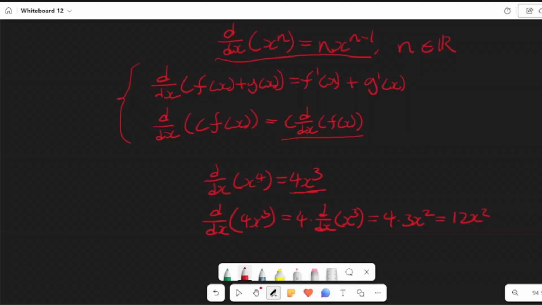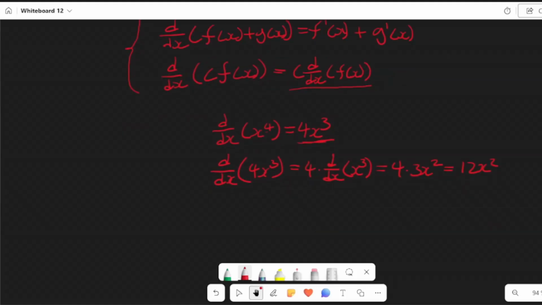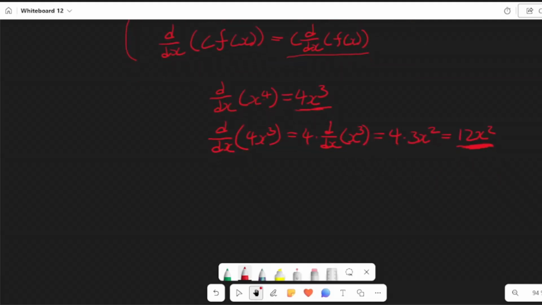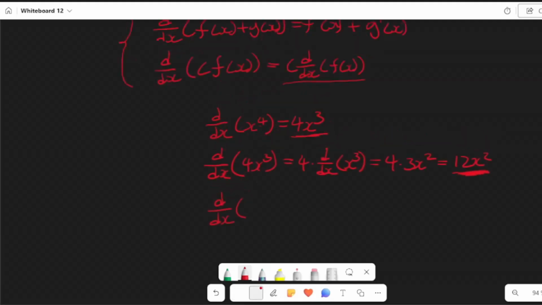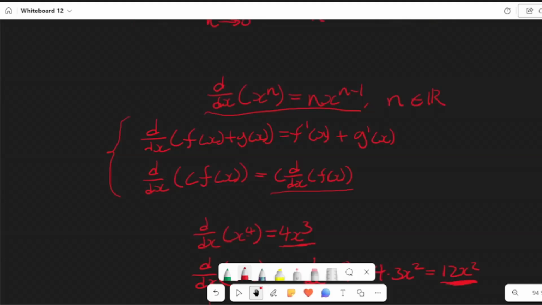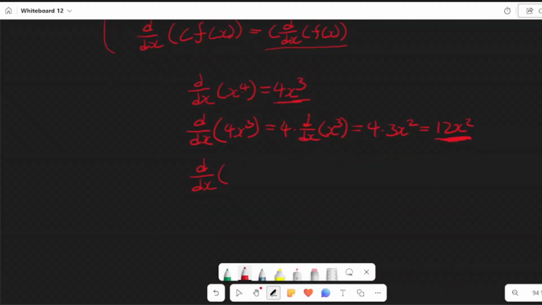Okay. So for our last example, I'm just going to denote the answer here, but our last example is going to involve all of the properties that I've given here.